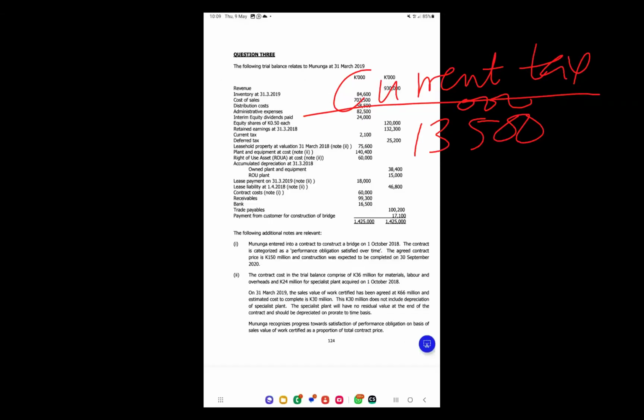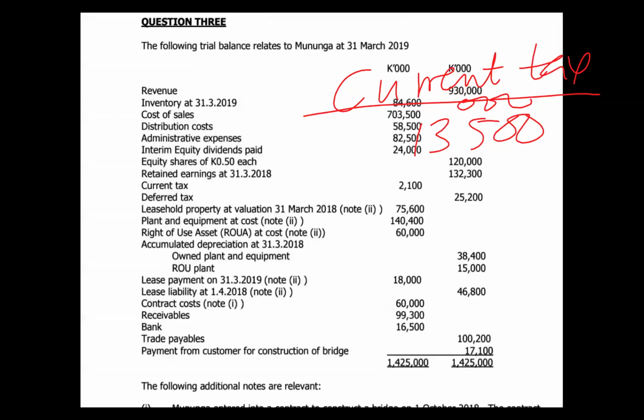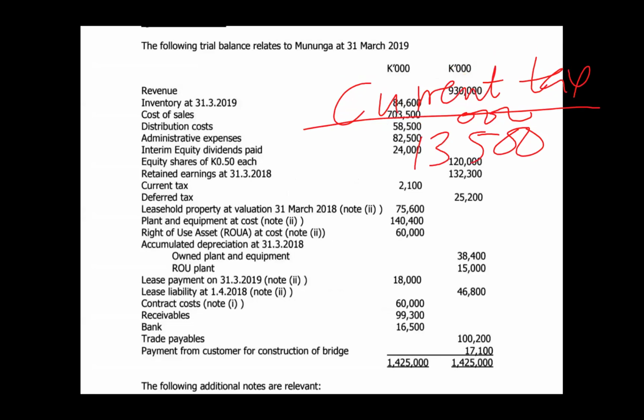And our current tax is on the debit side. Have you observed that? But what did I say if the current tax is on the debit side? I said that is an under provision. So you add this amount, 2,100 in this case, to the current.